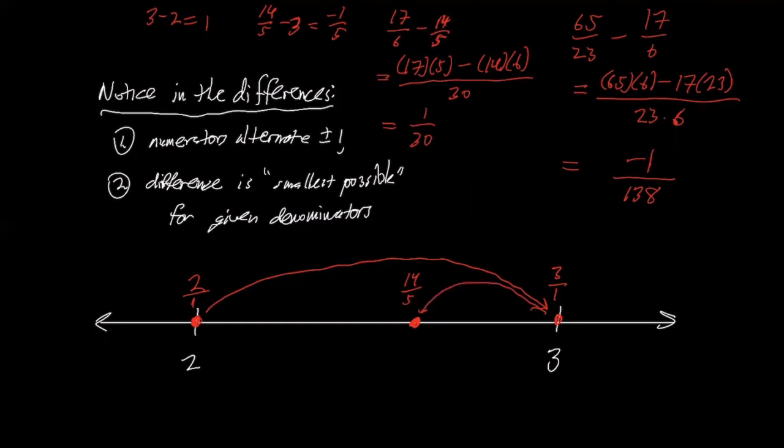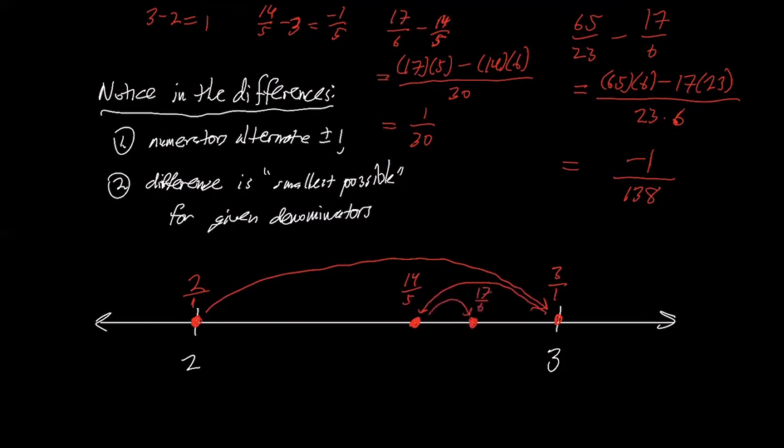And then we had 17/6, which is 2 and 5/6, which is 2.83 repeating. I'm sorry, I said 1 and 5/6; it's 2 and 5/6. 14/5 is 2.8. So again, I'm going to exaggerate the difference a little bit, but this is 17 over 6 right here.